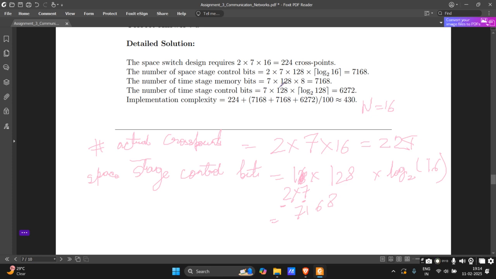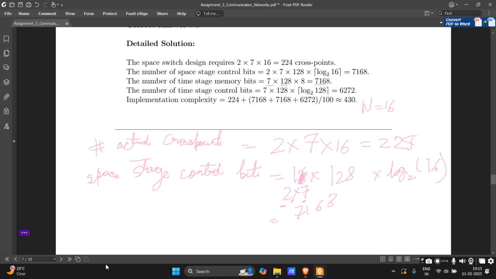Now time stage memory is simply 7 into 128 into 8. So this will be 7168. Why 8? Because 8-bit PCM, and there are 128 channels, and there are 7 such time stage switches. So 7 into 128 into 8. And the time stage control bits will be 7 into 128 into log base 2 of 128.